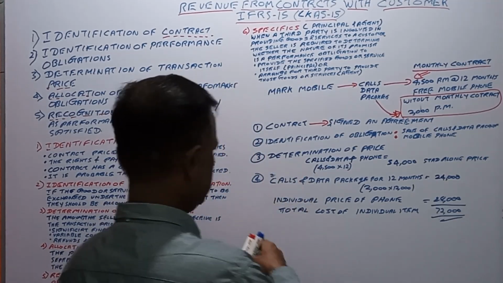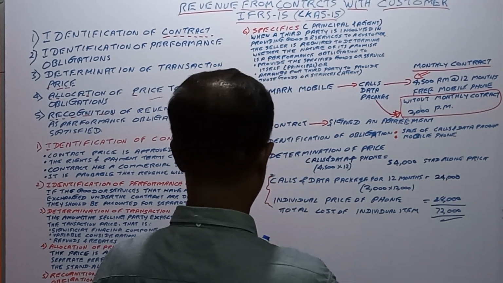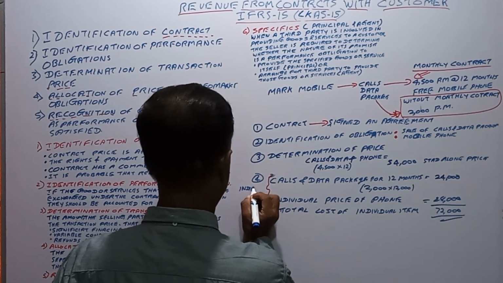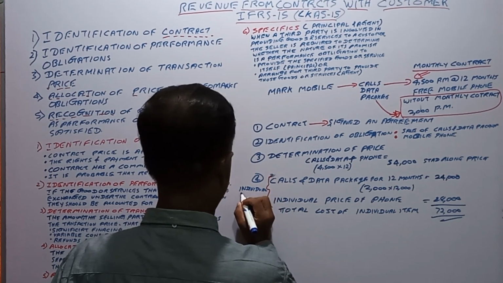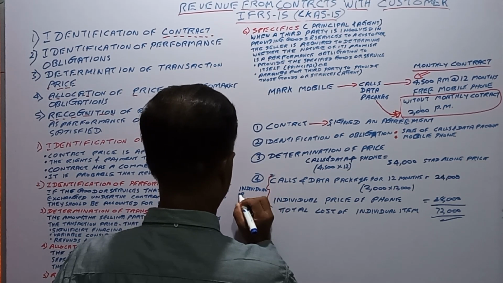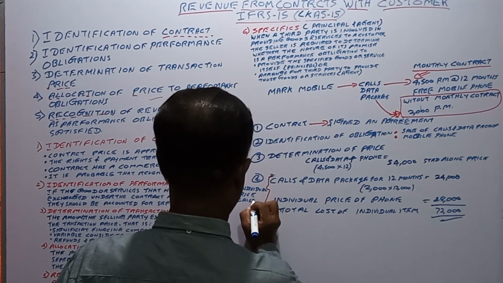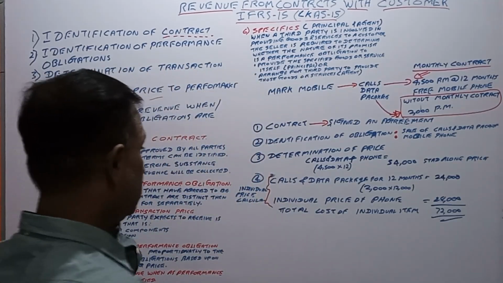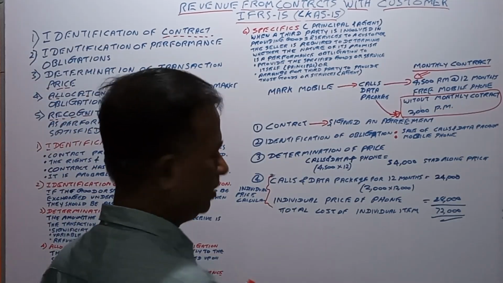These two are individual items. And the next one is standalone price.